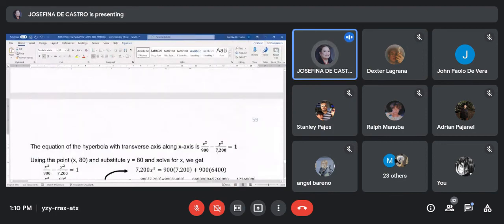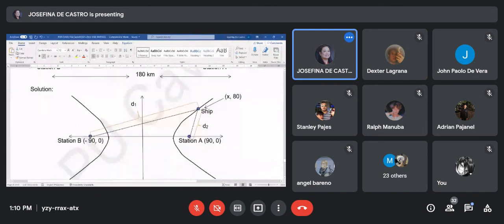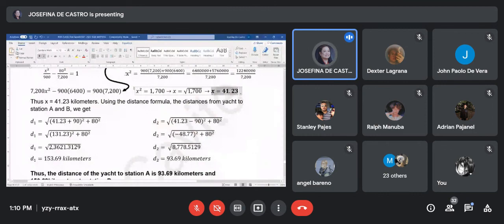So, negative 90 minus, so may value na tayo dito ng x natin. So, ang value ng x natin dito ay 41.23 na. So, minus 41.23 minus the negative, so magiging plus na siya. Tapos 80 minus 0, ito na siya. Distance formula lang po. So, lalabas dito ay 153.69 kilometers. Yun ang layo ni Station B doon sa yate.